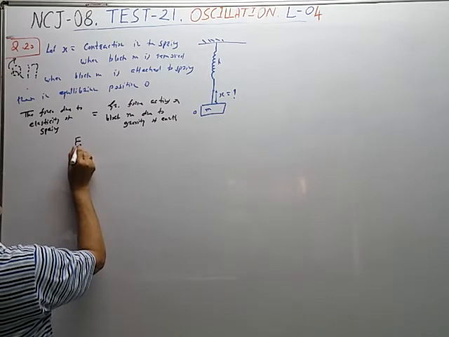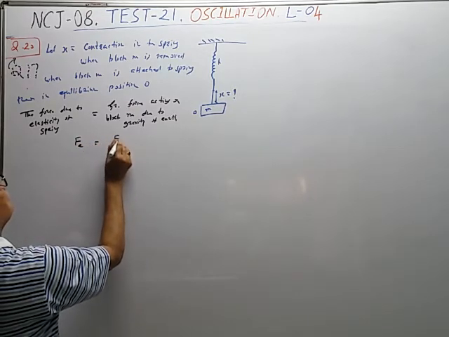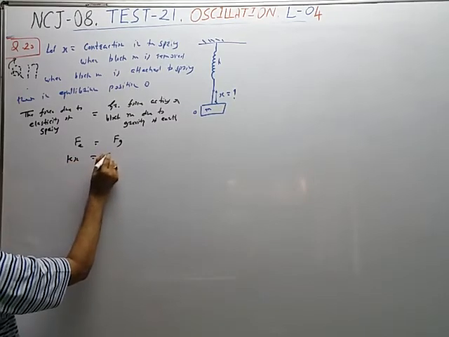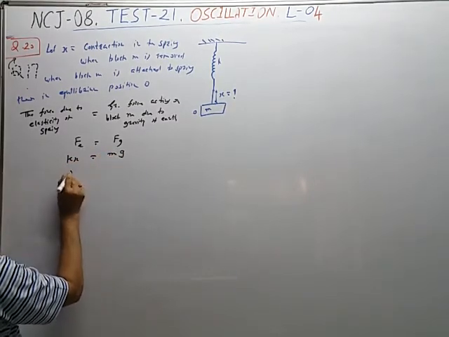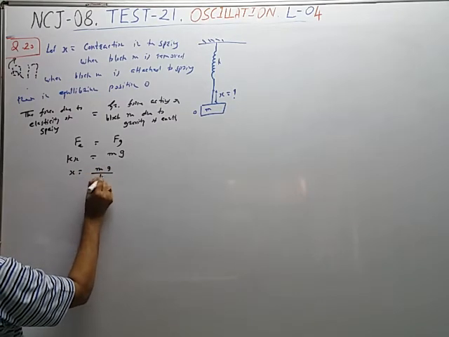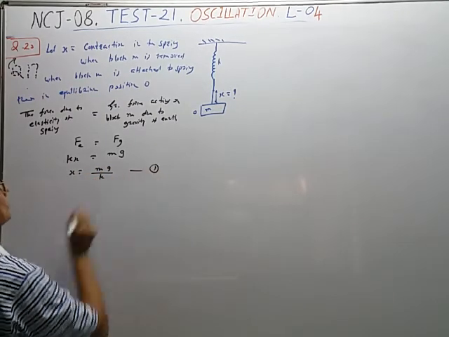Therefore, Fe, force due to the elasticity, is equal to Fg, G for gravitational force. So this is equal to Kx is equal to M into G. Therefore, X is equal to M G upon K. This is the equation 1.